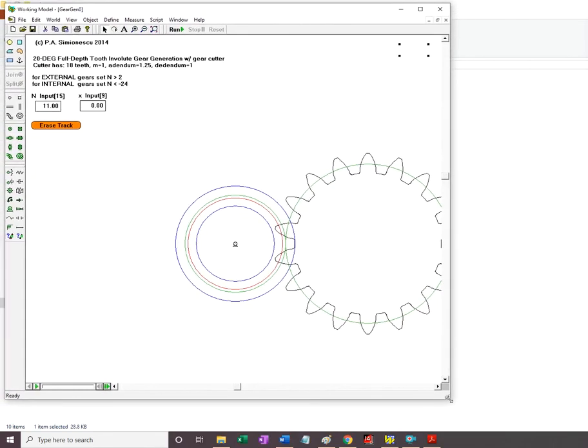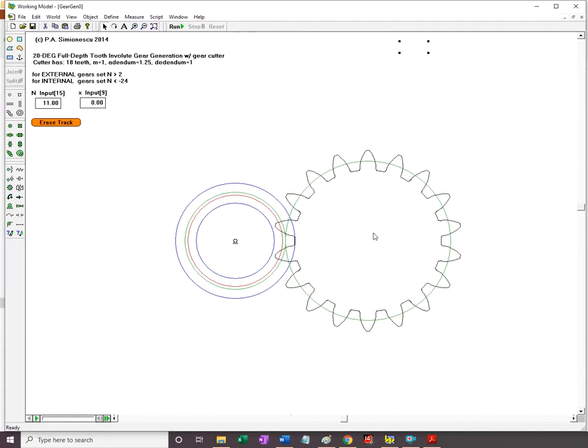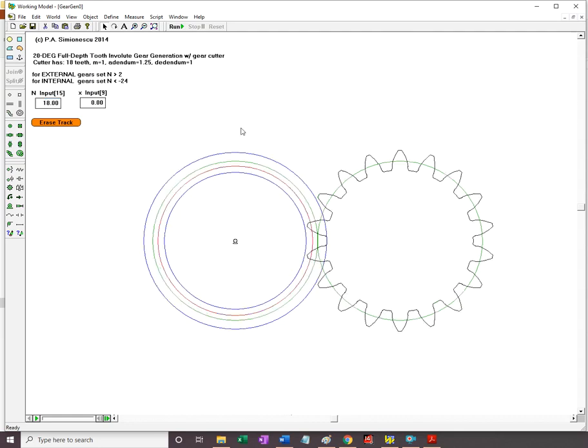We have the rack tool, or rather the gear tool, and there are some circles shown. In green, it's the pitch circle of the cutting tool. In green here is also shown the pitch circle of the gear that will be generated with number of teeth 11. Let's make this 18.